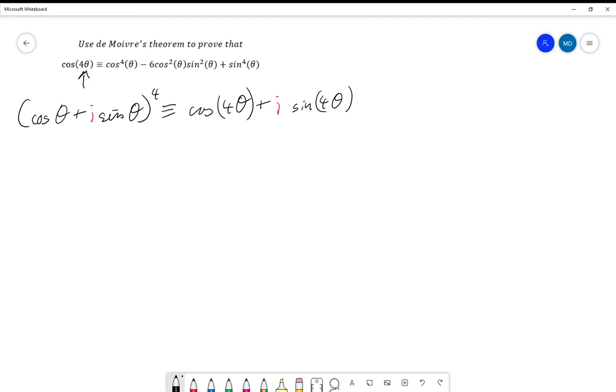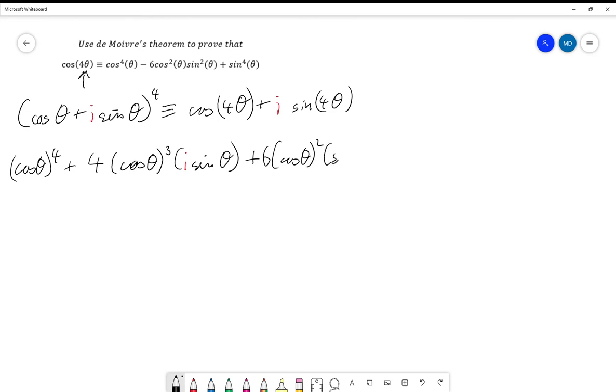We'll get cosine theta to the power of 4, plus 4 being our binomial coefficient, cosine theta cubed multiplied by i sine theta, plus our next binomial coefficient is 6, 6 lots of cosine theta squared times (i sine theta) squared, except remember our sine theta always has an i on it, plus 4 lots of cosine theta times (i sine theta) cubed, plus (i sine theta) to the power of 4.